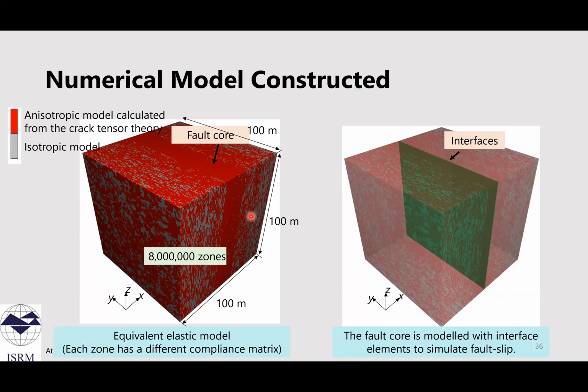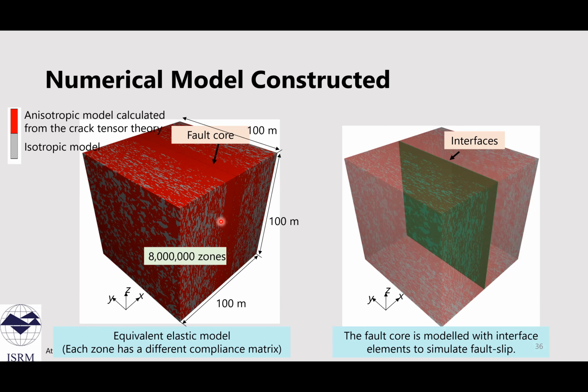So here is a numerical model constructed in the same way as before. But the difference is that in this model, the fault plane was simulated, like this. In this model, the red colored zones have an isotropic equivalent compliance matrix calculated with the crack tensor theory.